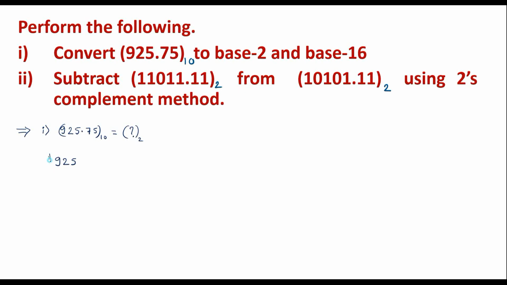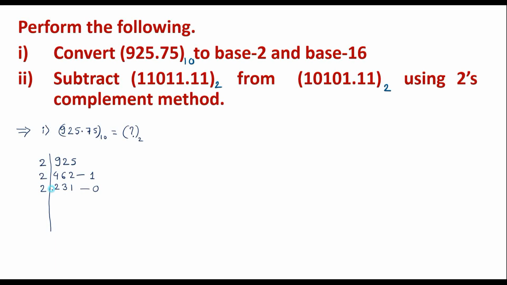Yes, now I will divide 925 by 2, that is 2 4s are 8, 1 12, 2 6s are 12, and here we have 5 by 2, that is 2 2s are 4, remainder will be 1. Divide 462 further by 2, that is 2 3s are 6, remainder is 0.